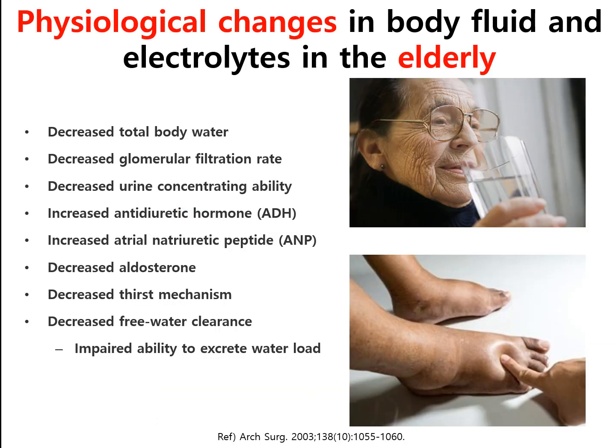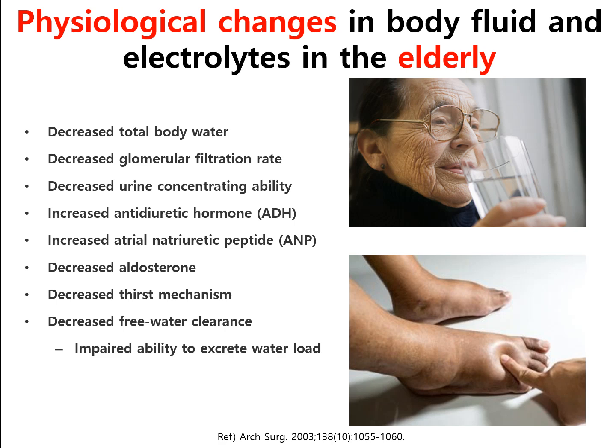It is crucial to understand that elderly individuals have a different physiology compared to younger adults, which affects their fluid and electrolyte balance. Key changes include decreased total water, decreased glomerular filtration rate, and decreased urine concentrating ability.